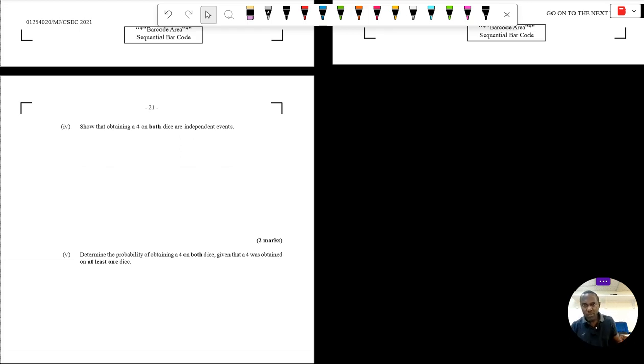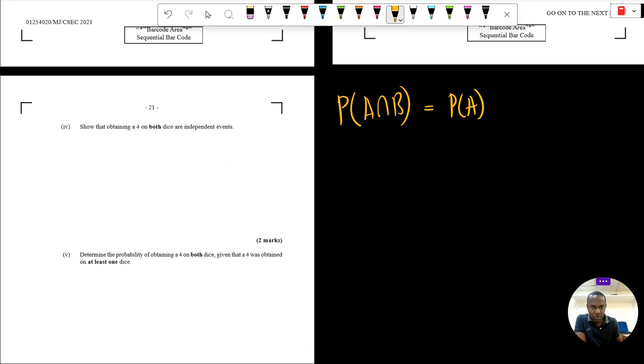Let's say, for instance, we have two events, A and B, and these events are independent. So if A and B are independent events, it means that the probability of A and B occurring together is equal to the probability of A occurring on its own times the probability of B occurring on its own. So this is the requirement for events to be independent.